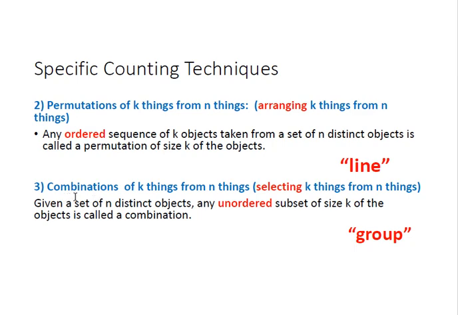Number 3, combinations of k things from n things. It's selecting or choosing k things from n things. It's a keyword. Given a set of n distinct objects, any unordered subset of size k of the objects is called a combination.